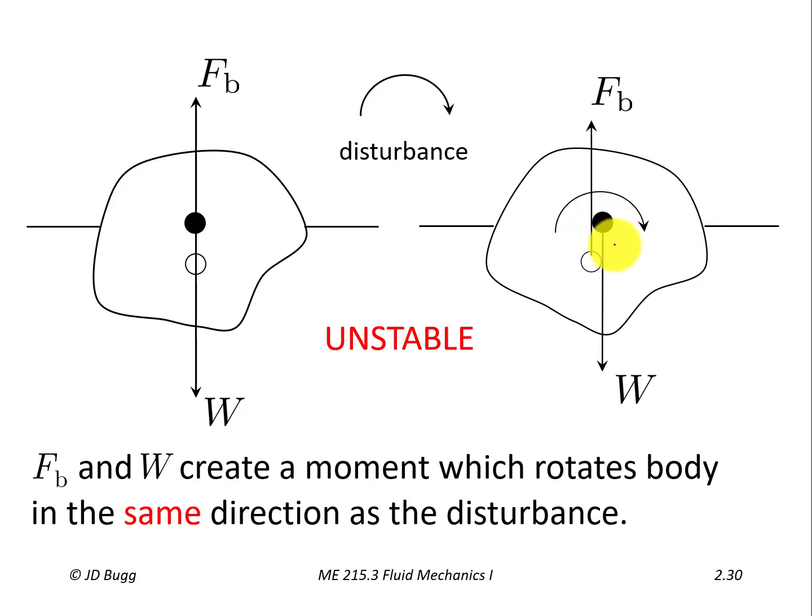And it's the relative location of those 2 points that determines whether this floating object is stable or unstable. And it all comes down to the moment that is produced when there is a disturbance in the position of that object. So that's the end of our little introduction to buoyancy and stability.